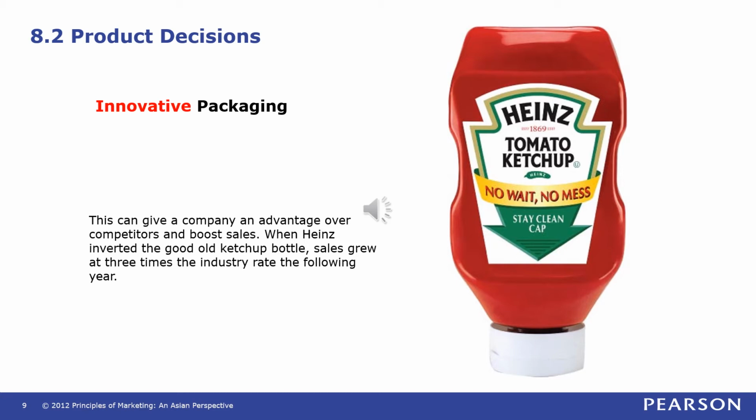For example, Heinz has changed the entire ketchup industry by inverting the good old ketchup bottle, letting consumers quickly squeeze out even the last bit of ketchup, so they don't use a glass bottle.